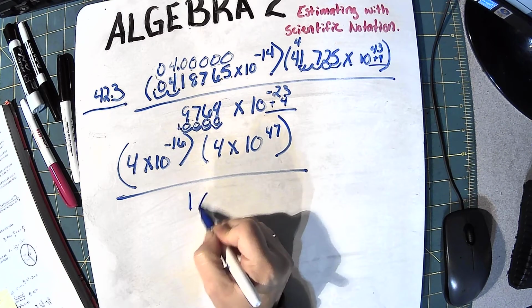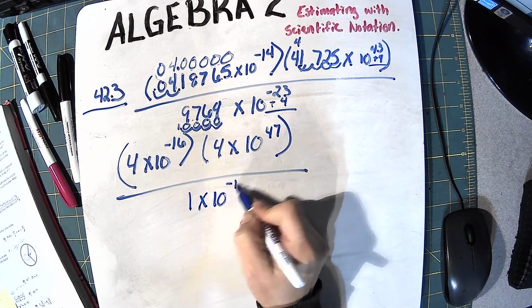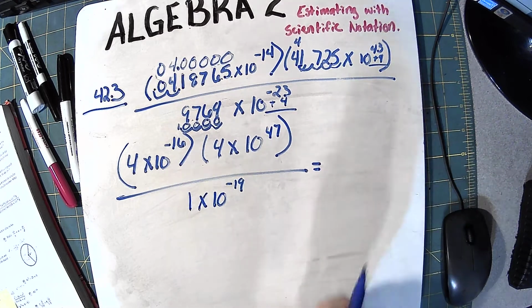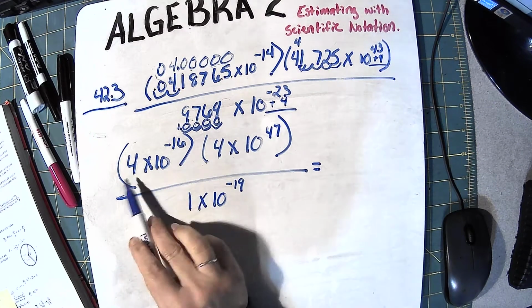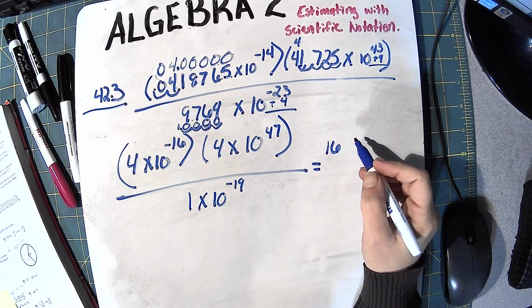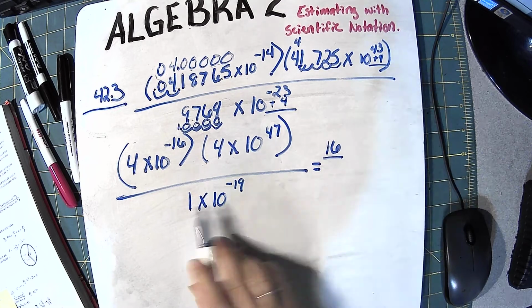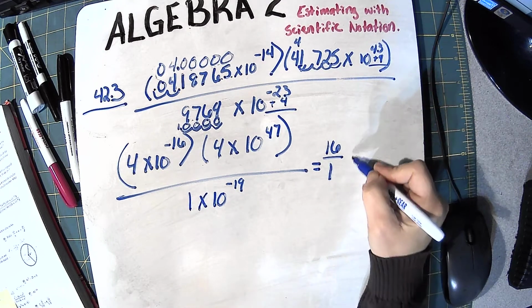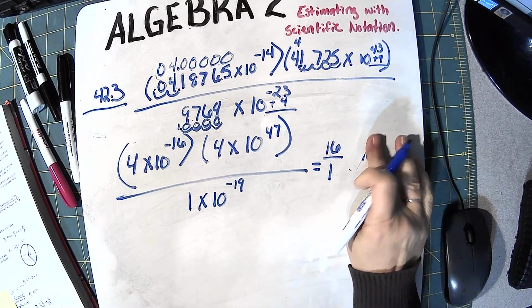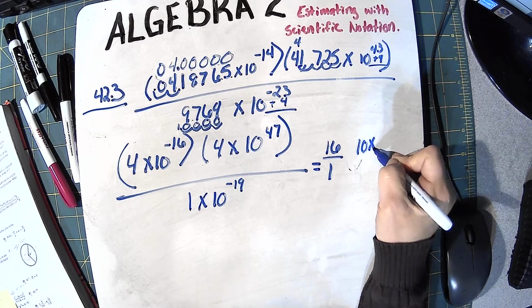So 1 times 10 to the negative 19. Alright. Now, 4 times 4 is 16. 1 times 1 is 1. Okay. Times 10. My top's times 10.